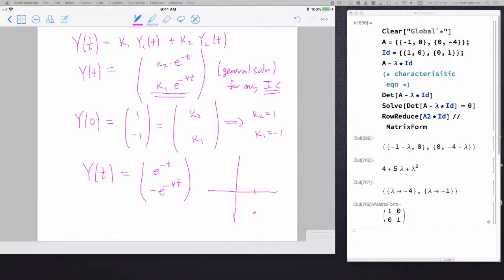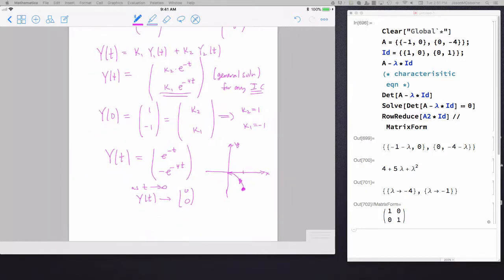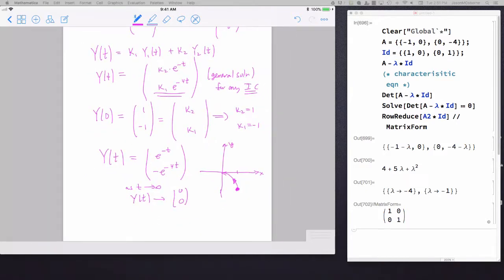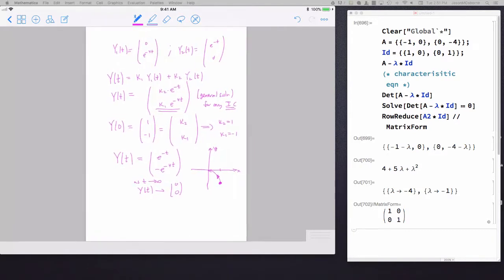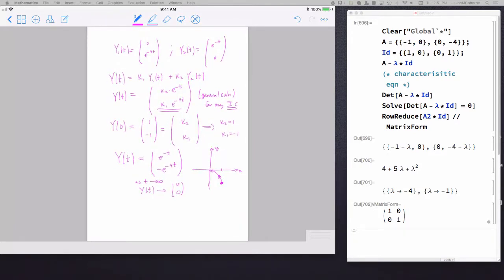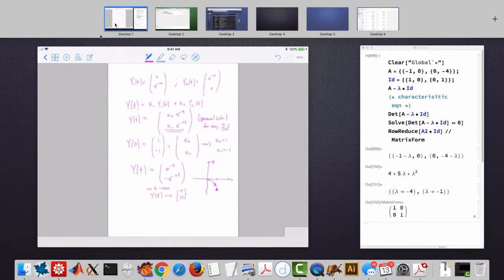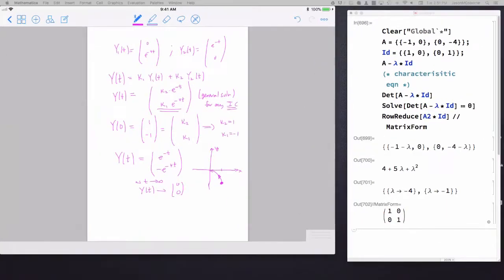And notice that as t goes to infinity, y of t gets closer and closer to 0. So we're coming in along this way. So you can see that in the negative eigenvalues case, we're getting this behavior that we're expecting to be what we're calling a source.